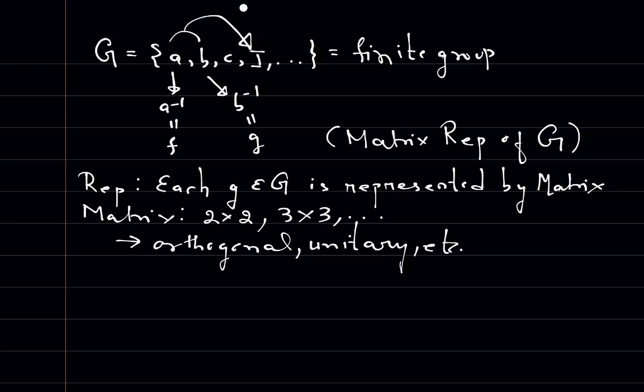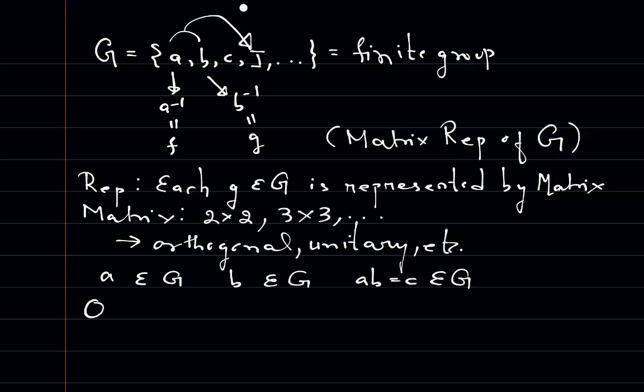So let me make you understand. Consider there is element A that belongs to group G, and there is element B that belongs to group G, and when A and B multiply, that gives me C, which also belongs to group G. Then under matrix representation, if I have a representation which is orthogonal, by that I mean the matrices that correspond to the group elements are orthogonal by nature.